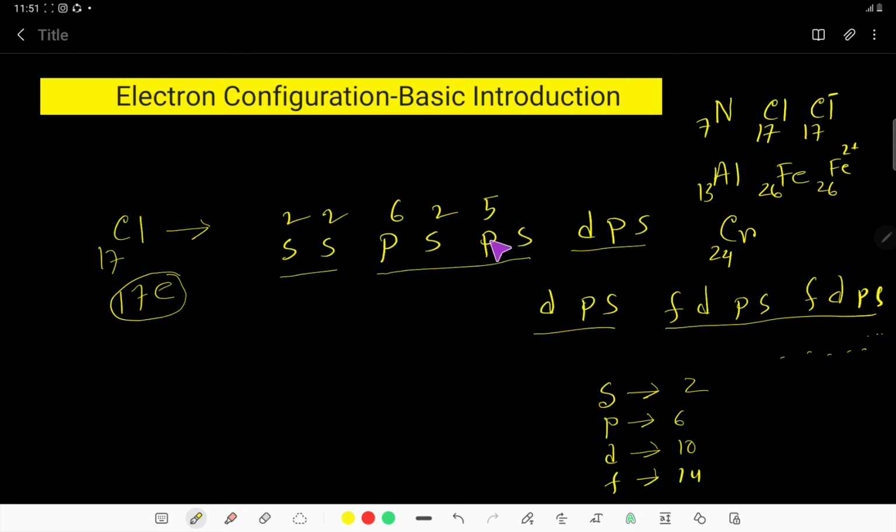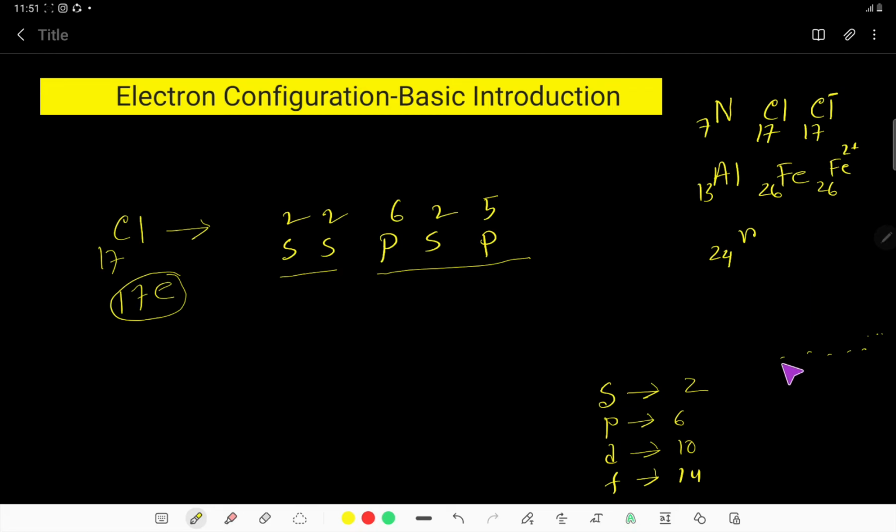So already we have distributed the 17 electrons that chlorine has. So we don't need this sublevel, right?